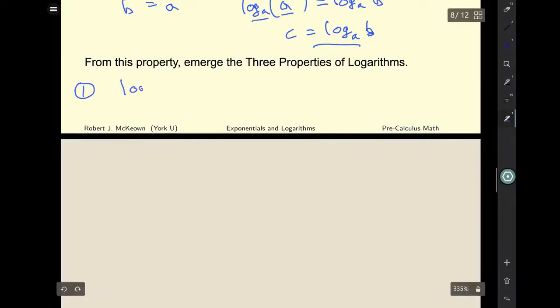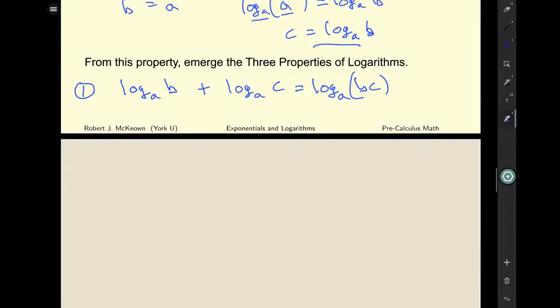If I have log base A, remember that's just some number, log base 5, log base 10, log base A of some number B, plus log base A of some other number C, that's like writing log base A of (BC), where you can see I put BC in brackets because we can multiply B times C. So that's one rule right there.